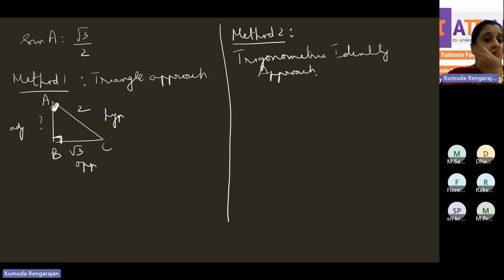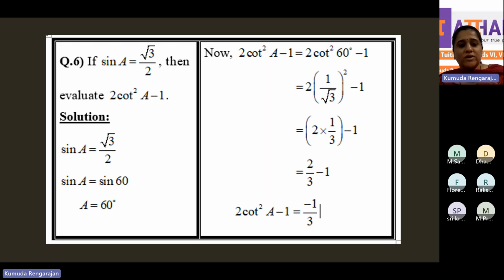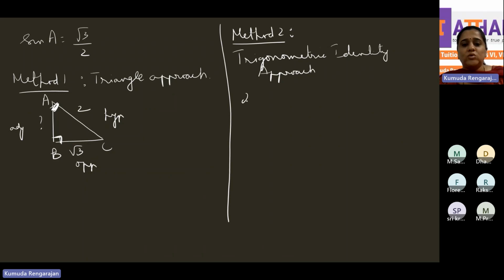In your school, they don't say there are 3 approaches, triangle approach and so on. We are using it to understand. You will not find these terms in the textbook. Triangle approach is one, trigonometric identity approach is another. You need to evaluate 2 cot square A minus 1.